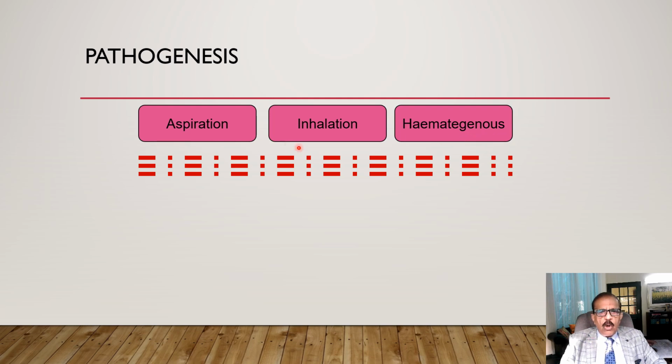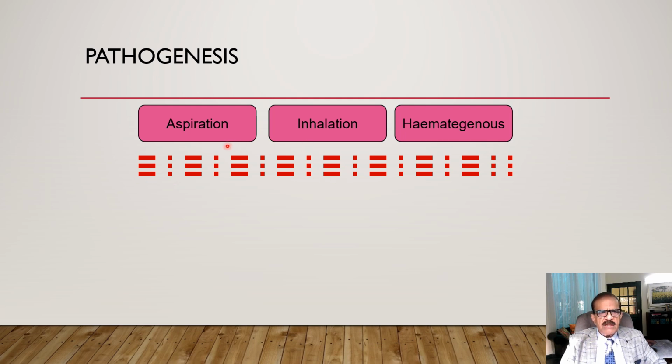So these organisms, they have to face multiple levels of resistance. There are antibodies on our mucosal surfaces, then there are macrophages in our mucosa, then we have antibodies in the blood and other mechanisms.